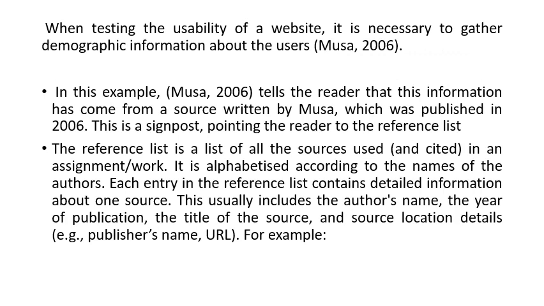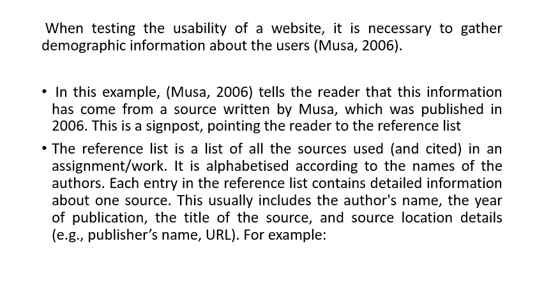So let us assume that when testing the usability of a website, it is necessary to gather demographic information about the users. Open bracket Musa, 2006, close bracket, full stop. Let's assume this paragraph is found in a research writing. This means that Musa 2006 tells the reader that the information has come from a source who is known as Musa. And Musa published his writing or research in 2006.